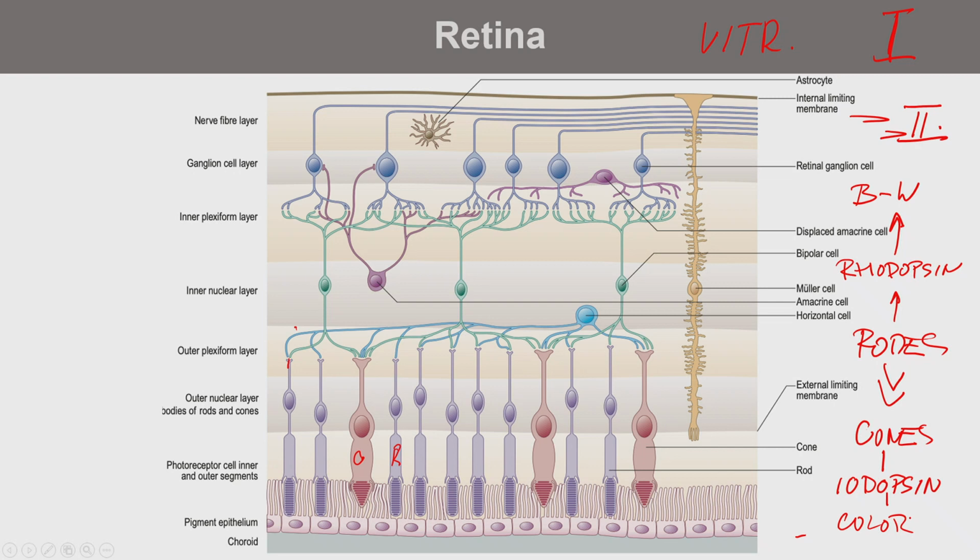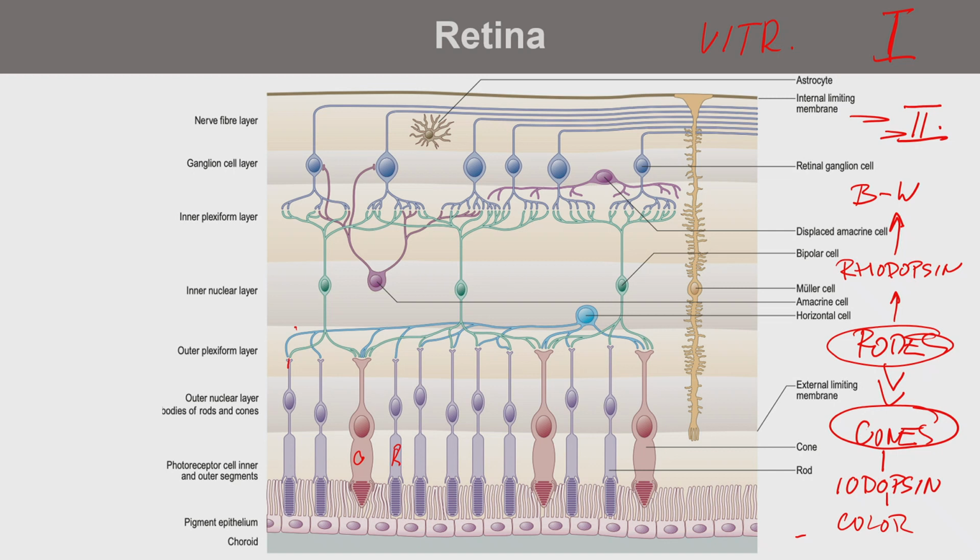And we have three kinds, three pigments, three sensitive iodopsins for three extents of frequency of the light. So then we have rods and cones.